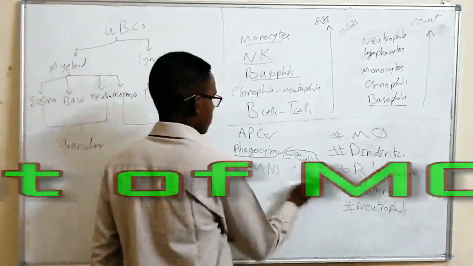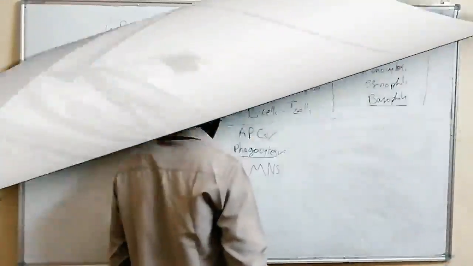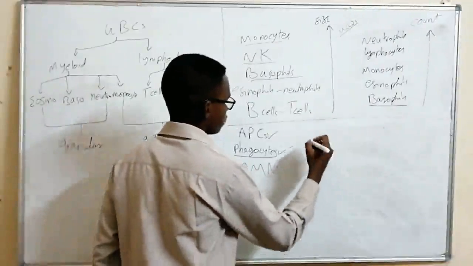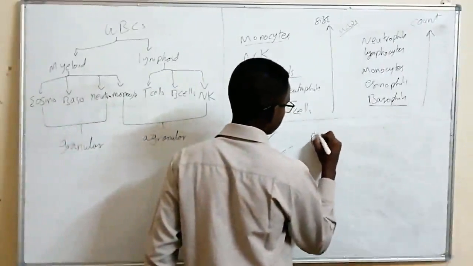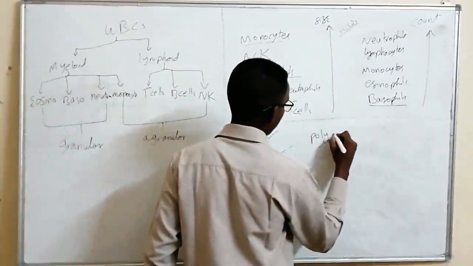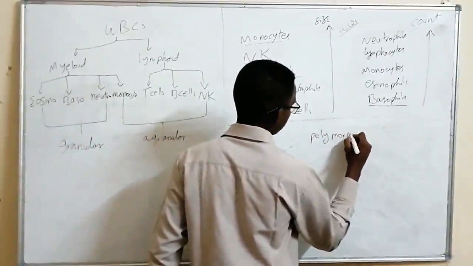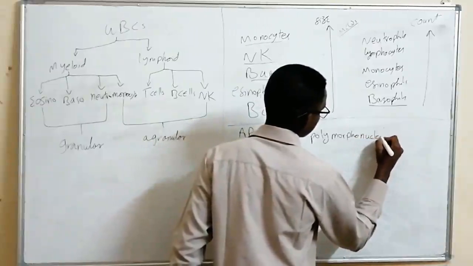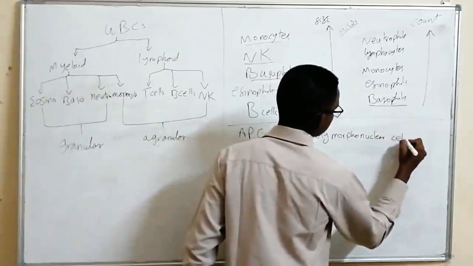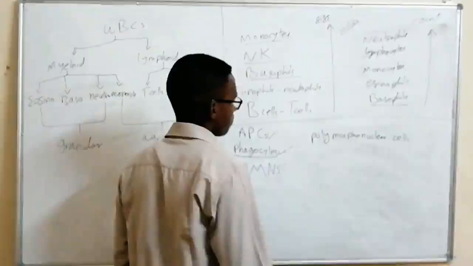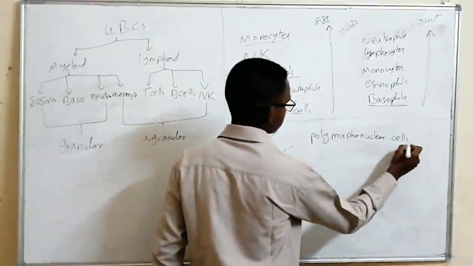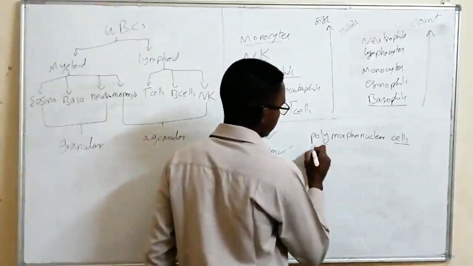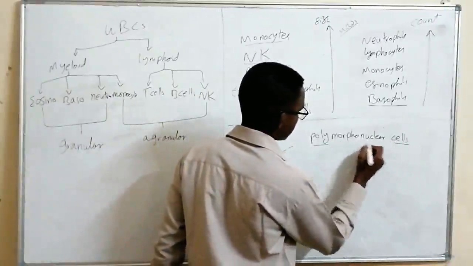Finally, we have the term PMNs, which stands for polymorphonuclear cells. That means cells with various shaped nucleus.